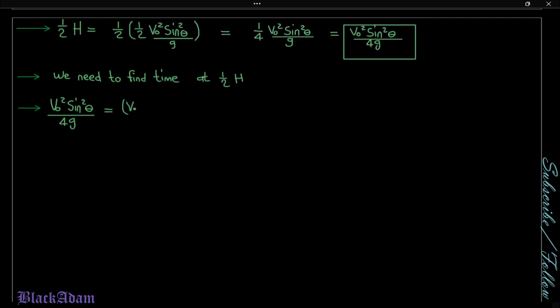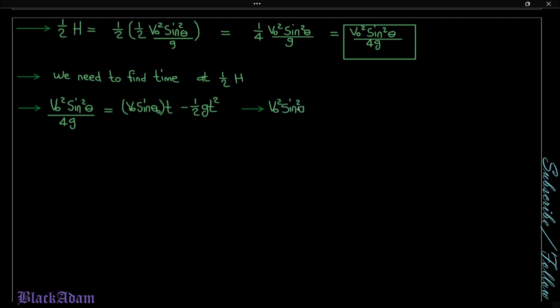So the height is going to be the equation for the height displacement, that's going to be v initial multiplied by sine theta, all that multiplied by time is equals to half g time squared. So here we need to find now the time at half. Okay, so there we were just finding the height, so now find the time.